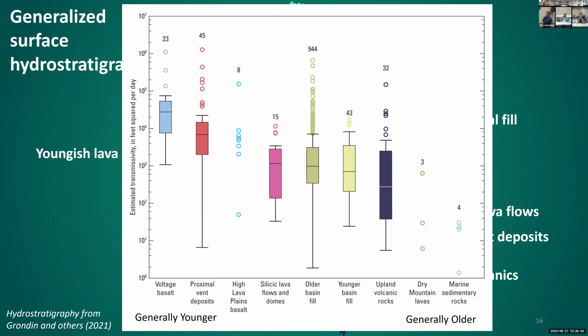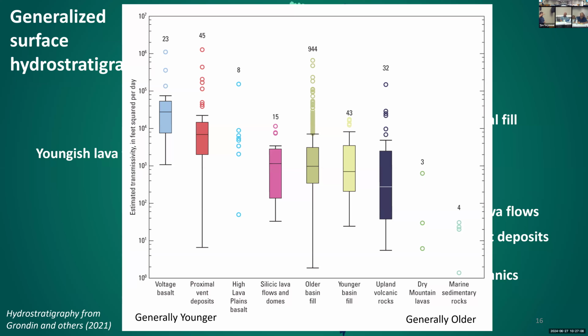In some cases, especially the older basin fill, the range of permeabilities measured covers 6 orders of magnitude. Some of the measurements were 10,000 or 100,000 times lower than some of the other measurements in the lower basin fill.